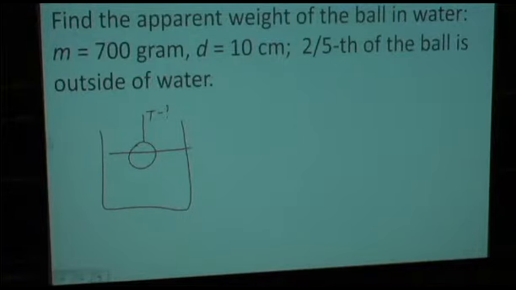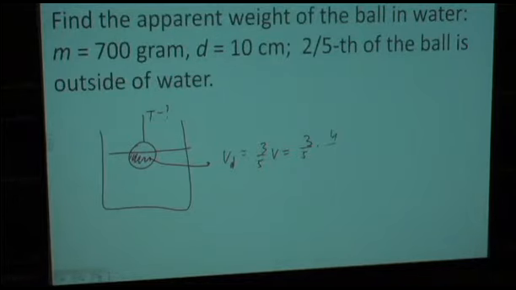We care how much of it is inside. So if 2/5 is outside, inside the water below the surface is going to be 3/5 of that. So that's the volume we call the volume of liquid displaced. It's going to be equal to 3/5 of the total.